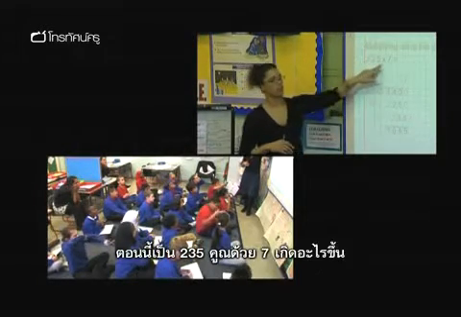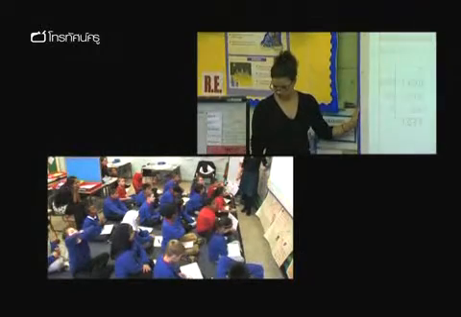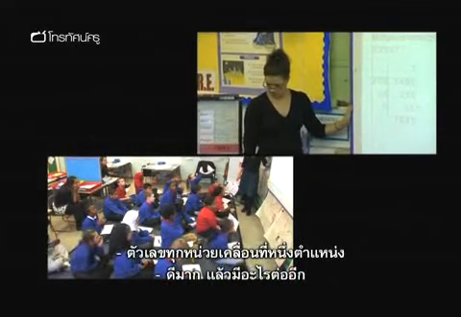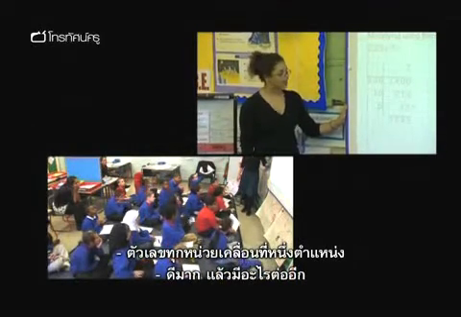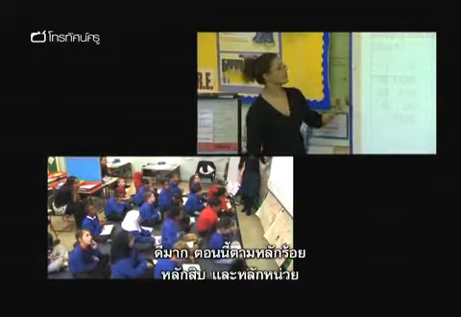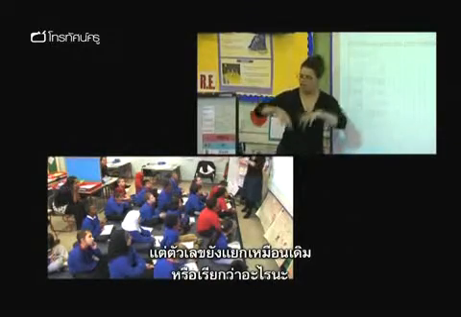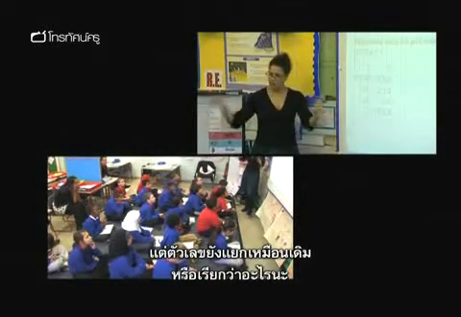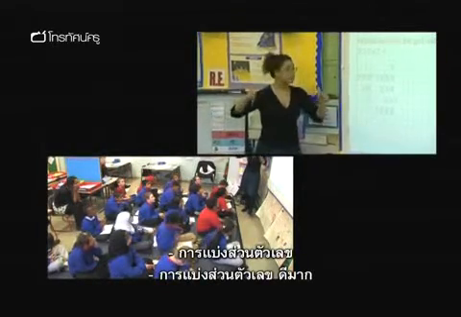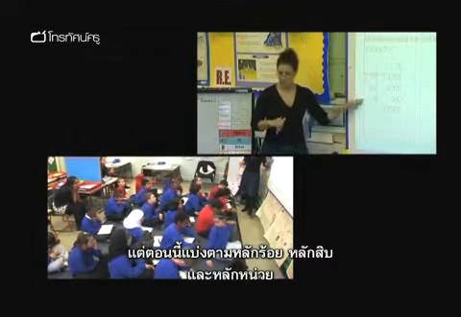Now I've got 235 times 7. So what's happened? Every digit moved a place. Now it's hundreds, tens, and units. I'm still breaking it up. I'm still, what's that word? Partitioning. Fantastic. But now I've got hundreds, tens, and units.